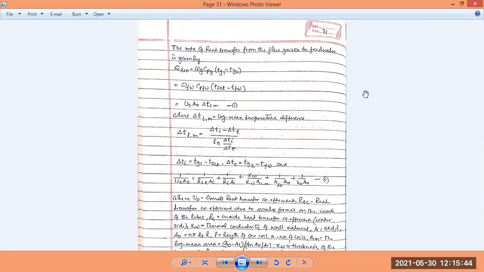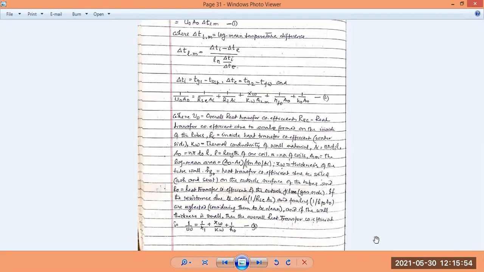And 1 by U0 A0 is equal to 1 by HSC AI plus 1 by HI AI plus XW by KW into A log mean plus 1 by H0 A0 plus 1 by HF0 A0.